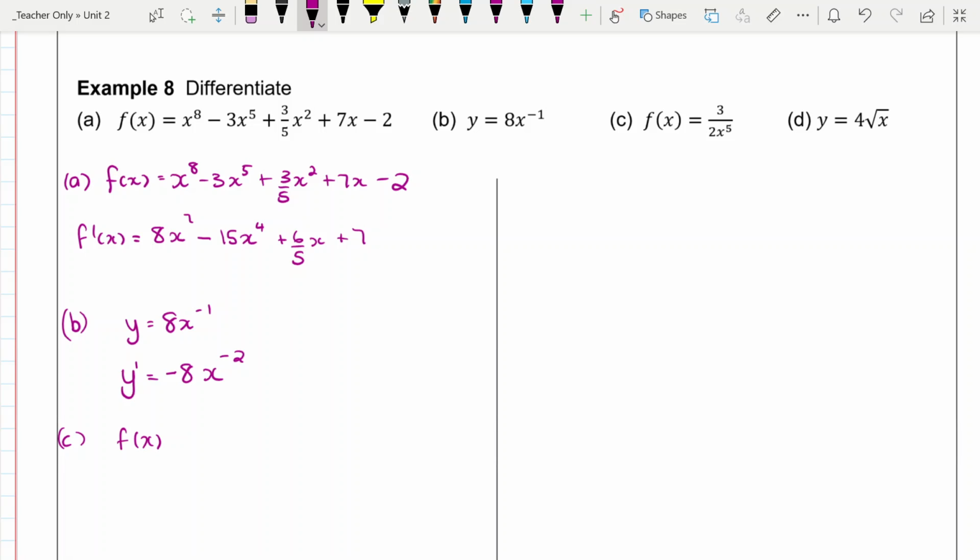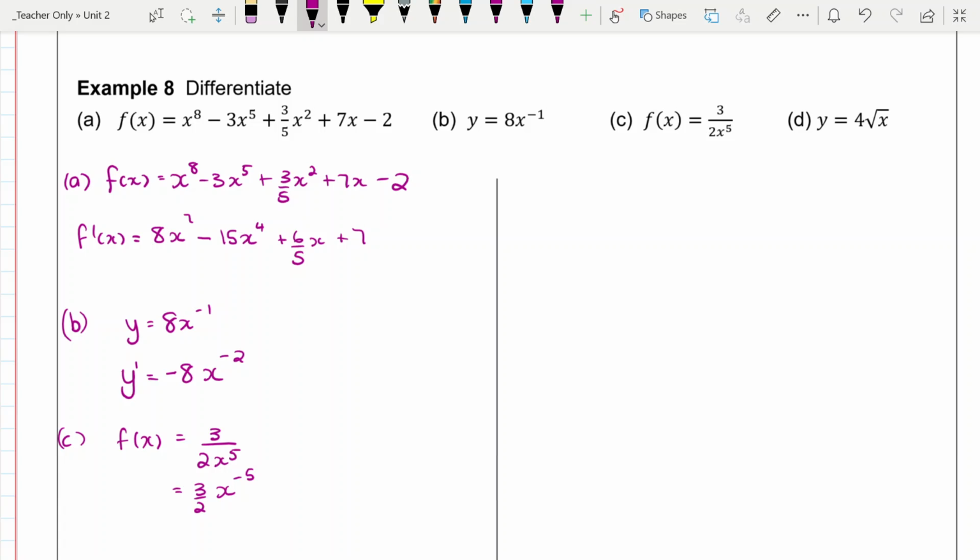f of x is 3 divided by 2x to the 5. Now be careful, we have only learnt a definition for a derivative when working with x to the power in a numerator, not in the denominator. But thankfully you know your index laws, and you can rewrite this fraction as 3 over 2 x to the negative 5.